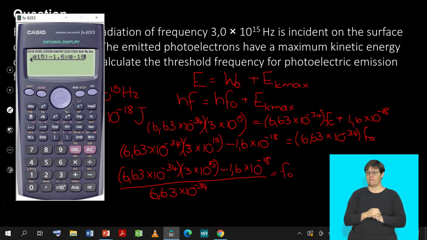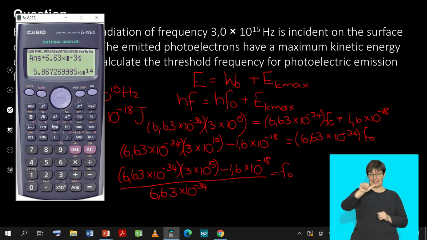Now I'm going to do it the way I like doing it. 6.63 to the minus 34 times 3 to the 15 minus 1.6 to the minus 18. That's the top part of my fraction. I'm going to divide by 6.63 to the minus 34, and I get 5,86. Well, that will go to 5,87 times 10 to the 14.